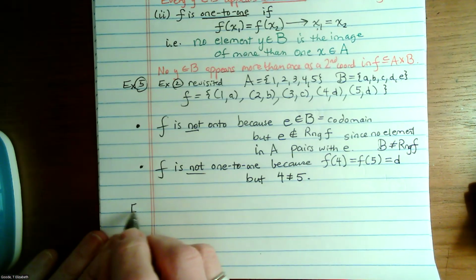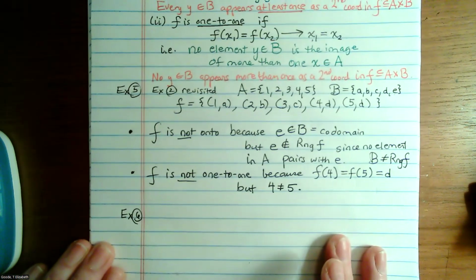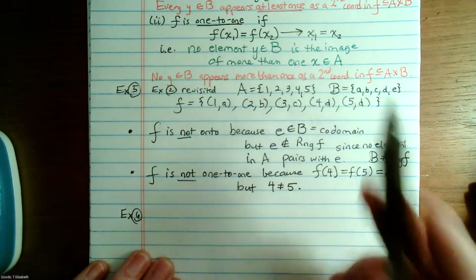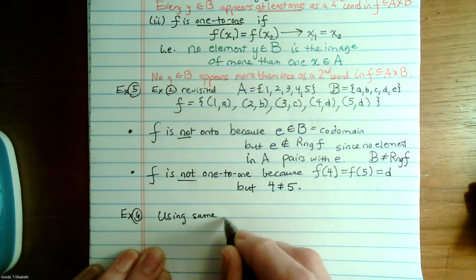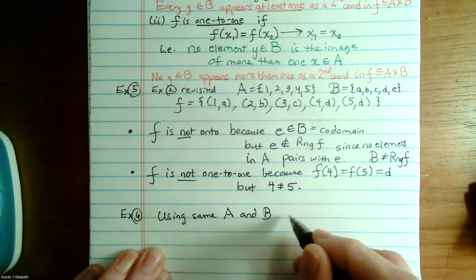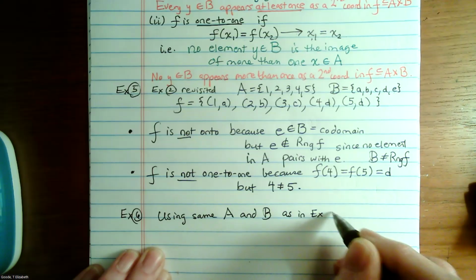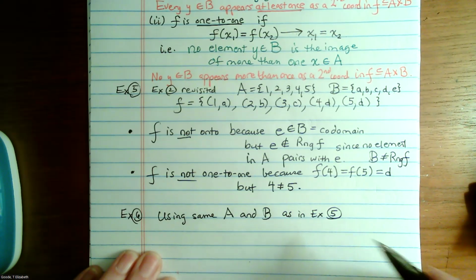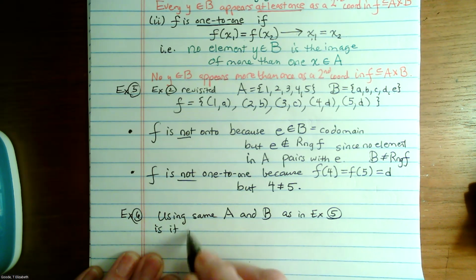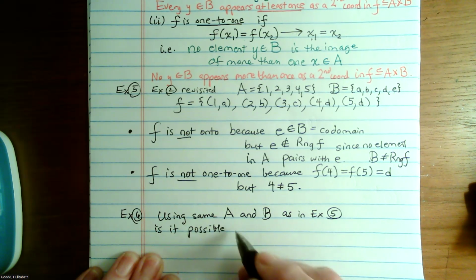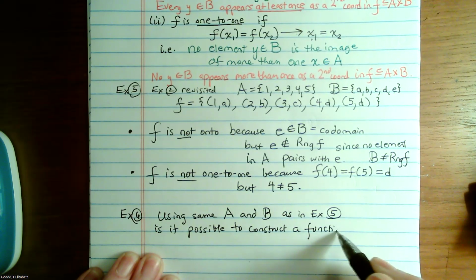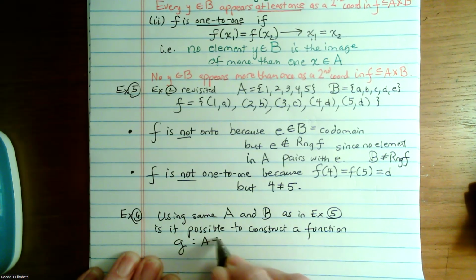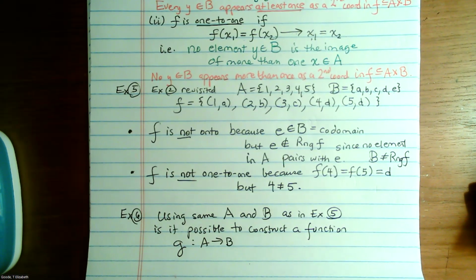So let me ask you a question. We'll call this example 6. Using the same A and B as in example 5, is it possible to construct a function G from A to B that is both onto and 1 to 1?